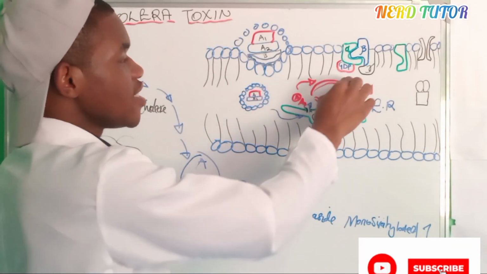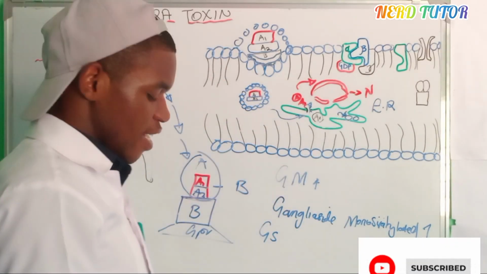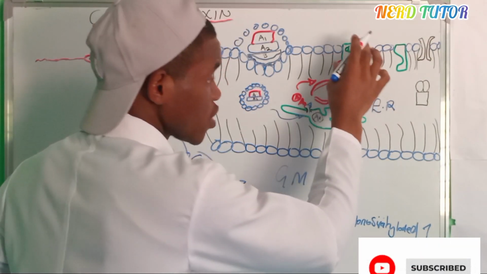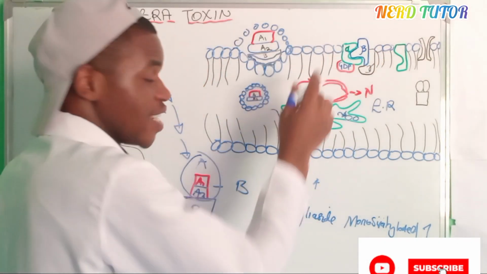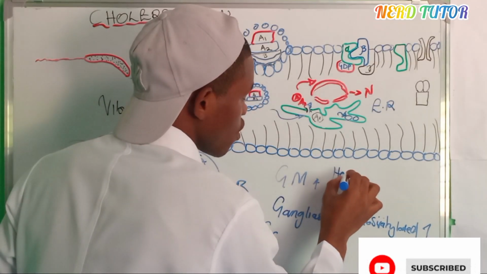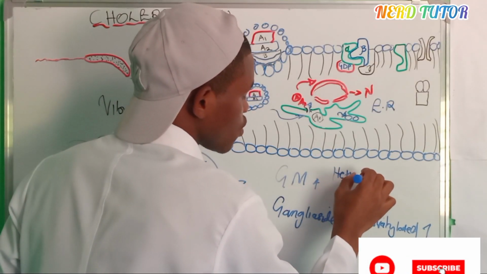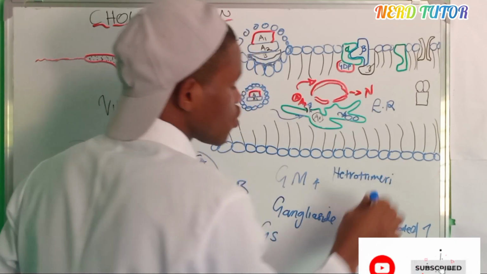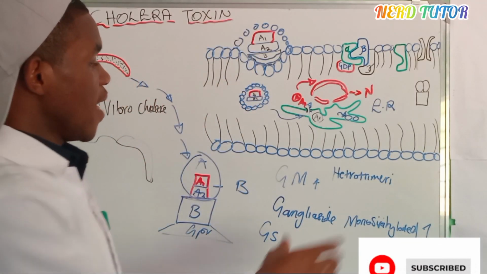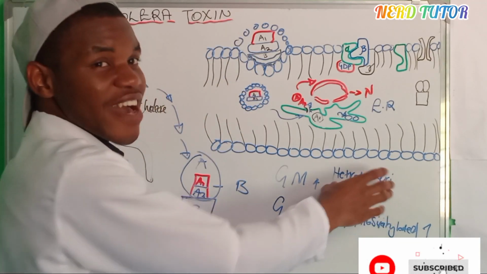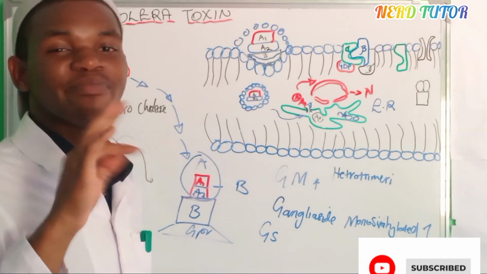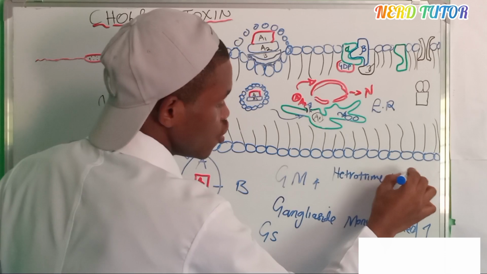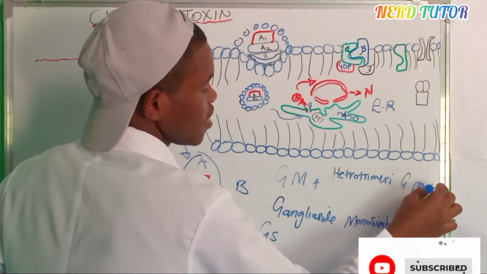So in short, this GS protein, where this guy will go and bind, is called heterotrimeric. Heterotrimeric means we have got the G protein, which has three different subunits. That is where they're going to bind.